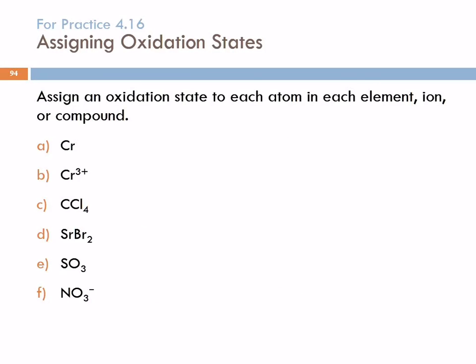Here's examples. So here we have Cr. That's an element, right? What's the oxidation state for an element? 0, which is the same as the charge that it has, which is 0. So the oxidation state is 0. How about chromium 3+ ion?